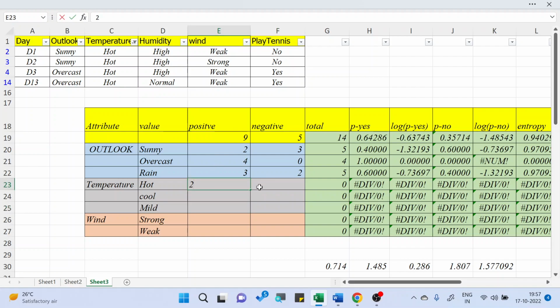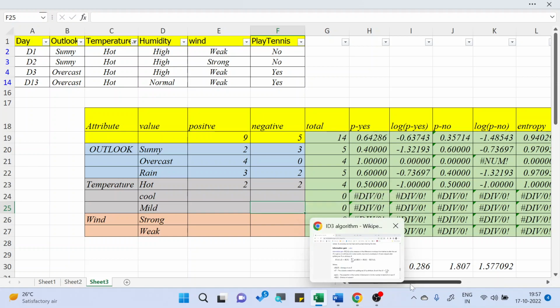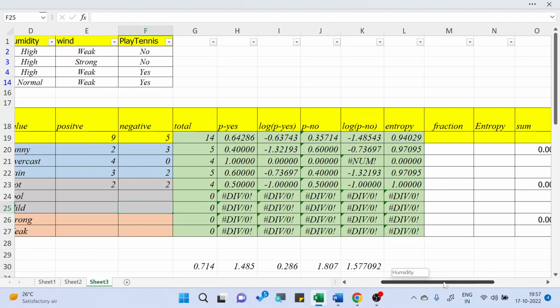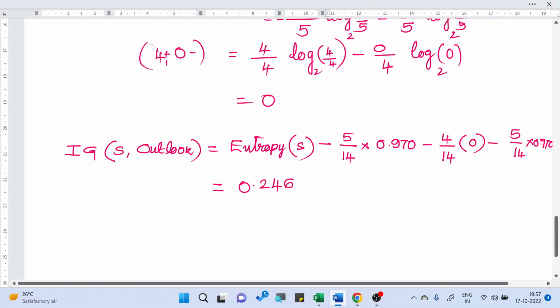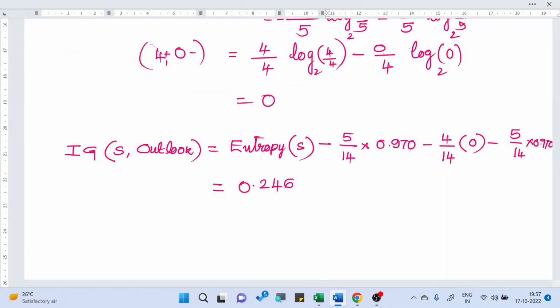So what is the entropy? Entropy is here 2 and 2 even. That means entropy is maximum. That means entropy will be 1, you can see here. Remember, the entropy, the measure of disorder, oscillates from 0 to 1.